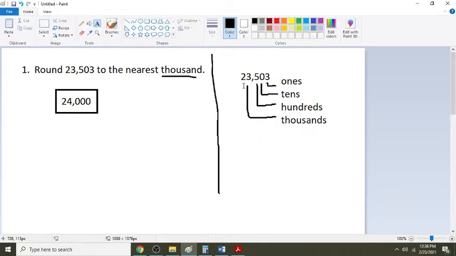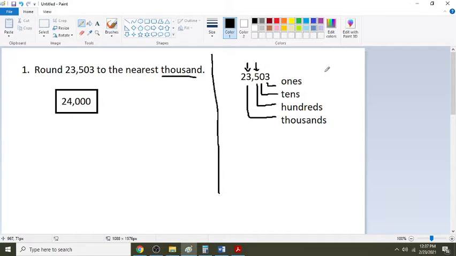So at this point we are supposed to round it off to the nearest thousand, which makes this the digit to be rounded off, and your criteria would be this one.